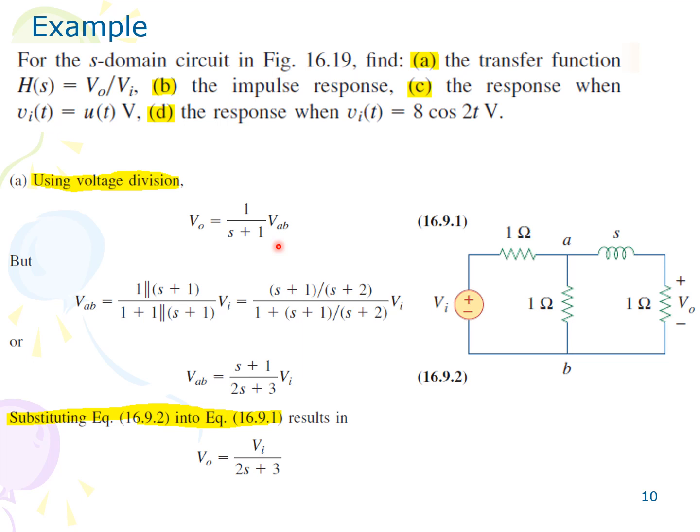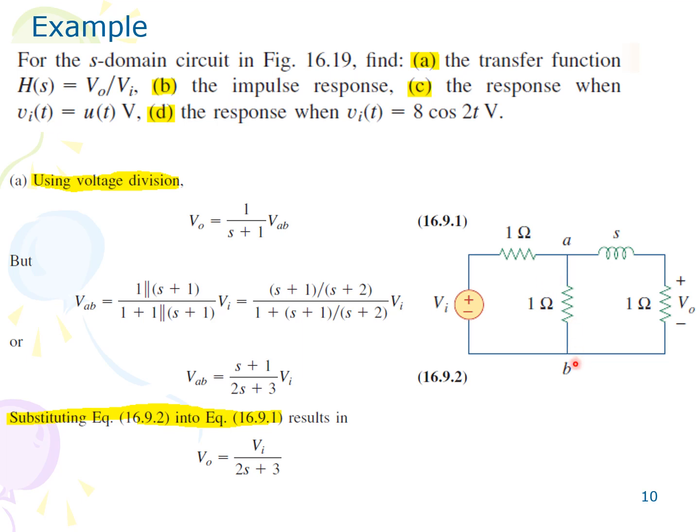Now, we have to find VAB in order to find V naught, and VAB can also be found by the voltage division rule. So VAB is equal to the input voltage divided between the 1 ohm resistance and the other resistance, which will be the parallel combination of this branch resistance of 1 ohm with the other branch, the inductor and resistance, which makes this branch resistance S plus 1.